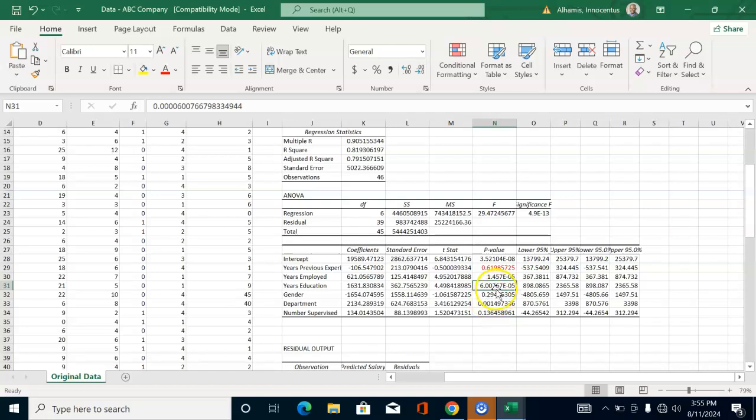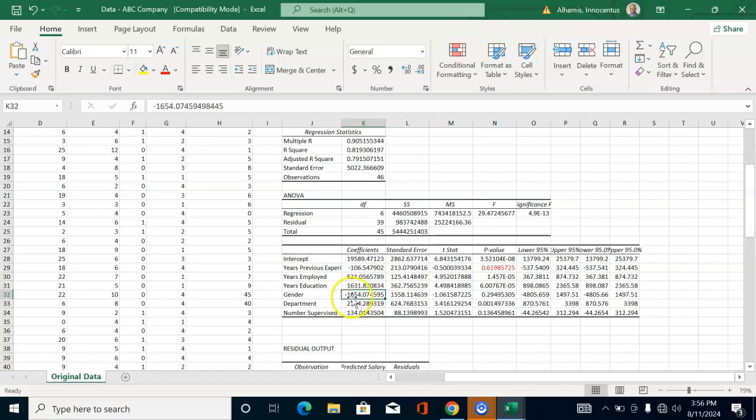That means the probability value is almost 0. It's 0.00, and it's less than 5%. So this amount that can be added to the salary by having a year of education is significant. And so we can say that a year of education will add this amount to salary, and this amount is significant.